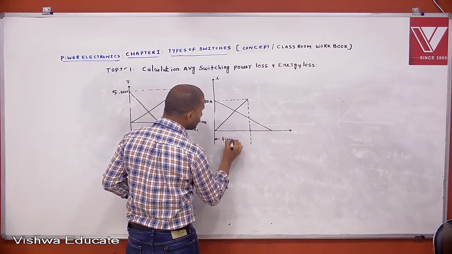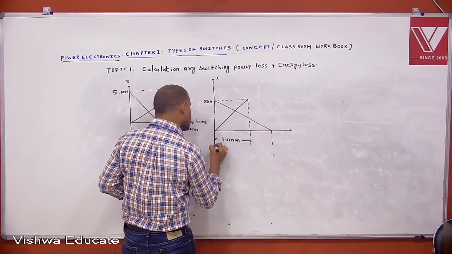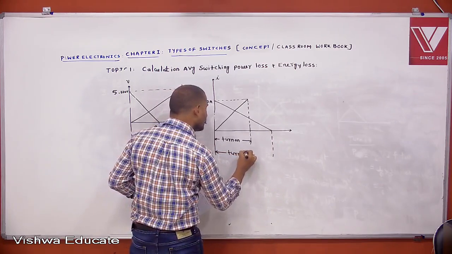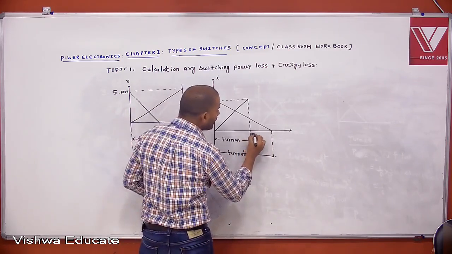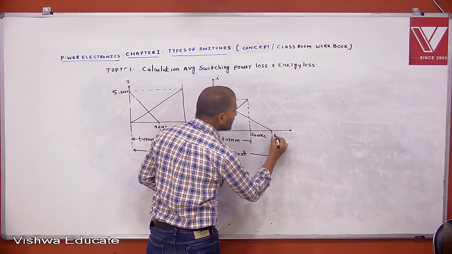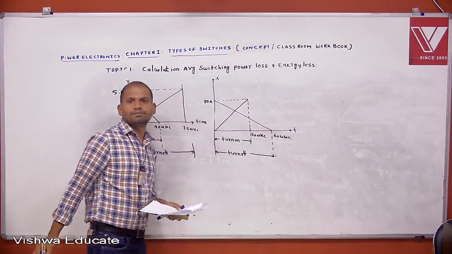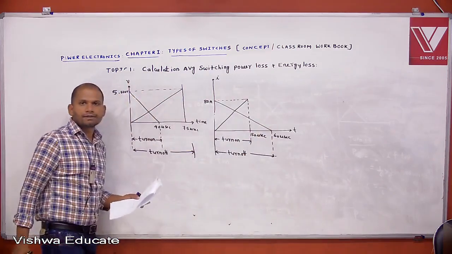Turn on. Current falling means which transition? Turn off. Okay. This time is given as how much? 50 microseconds. And this time is given as how much? 60 microseconds. This is T. This is the voltage characteristics, this is the current characteristics.